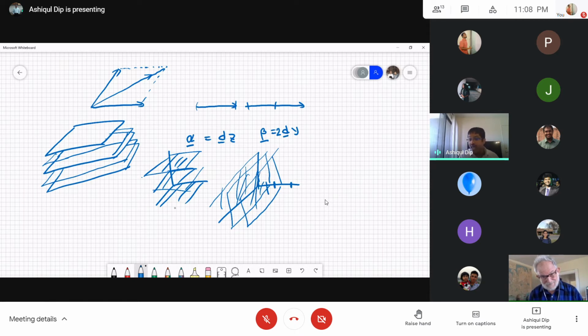But when you add those two things, alpha plus beta, so dz plus 2 dy, it'll be tilted in the yz direction, right? And as y has more magnitude, it will be more tilted in the y direction than z.